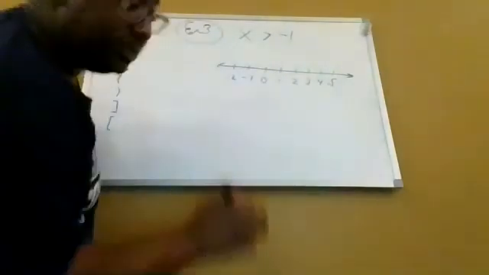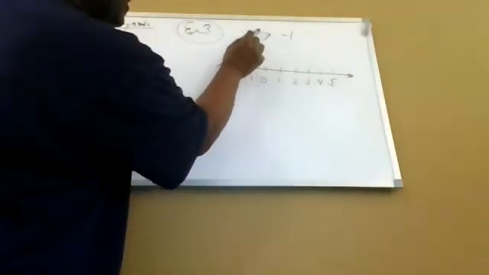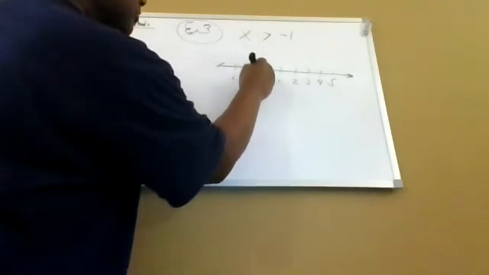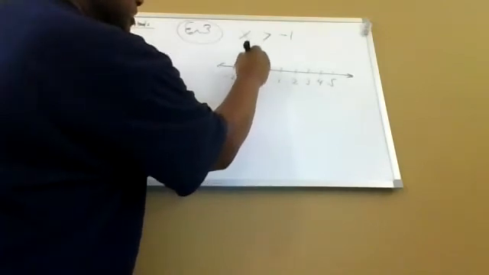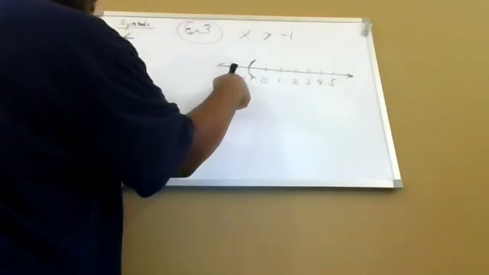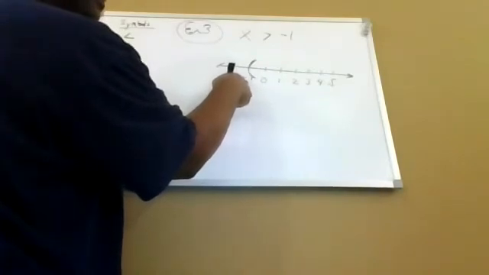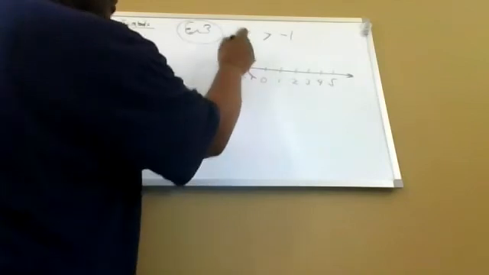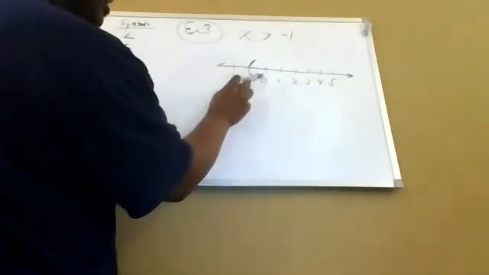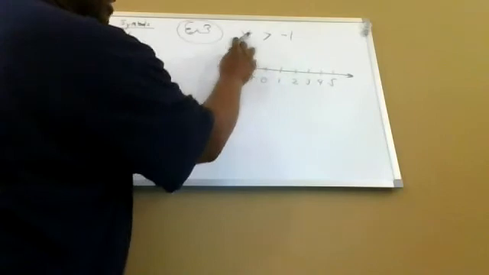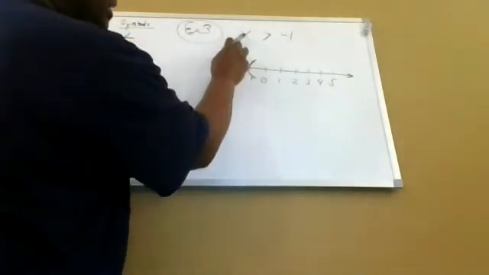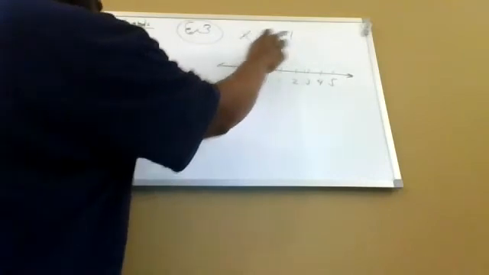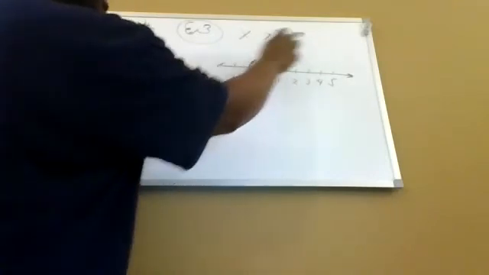But first, because we have just the greater than symbol, we want to use the parenthesis at the point x equals -1. And now all the x values that would make this inequality true are 0, because 0 is greater than -1. 1 is greater than -1. 2 is greater than -1. 3 is greater than -1.